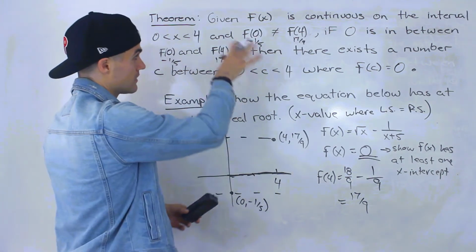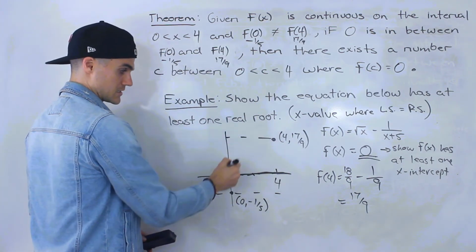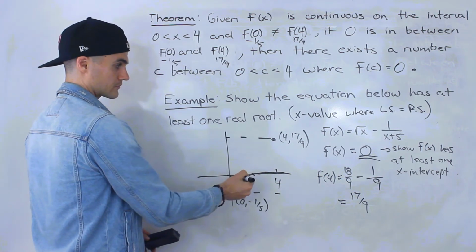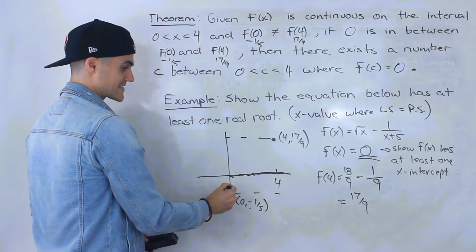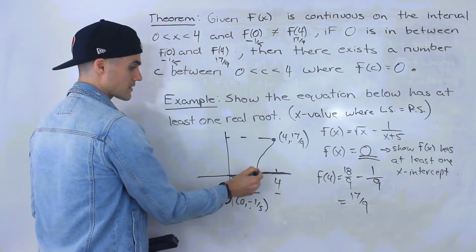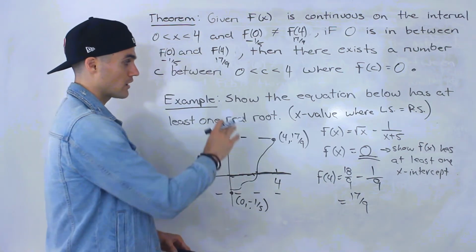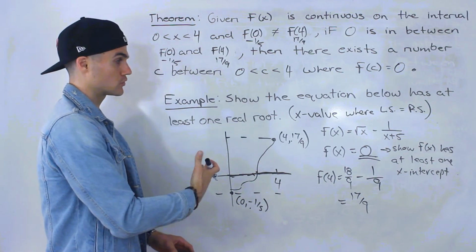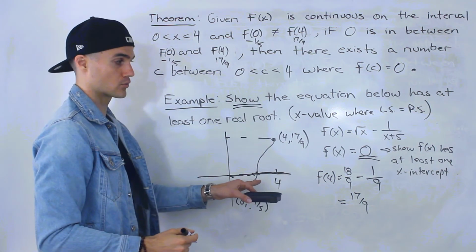Because we proved with this theorem that the function is continuous on this interval. And because there's a negative y value and a positive y value, at some point it's got to cross that x-axis. We're not sure where. Again, we're not finding the actual real root. We're just showing that there's going to be a real root.